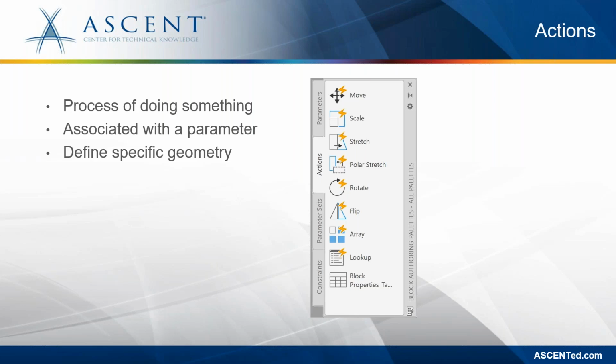And that is exactly what it does in dynamic blocks as well. It defines what you're going to do to the associated geometry. As I said before, without an action, the parameter is incomplete. Not all, but most of them. So an action is required to be associated with a parameter.